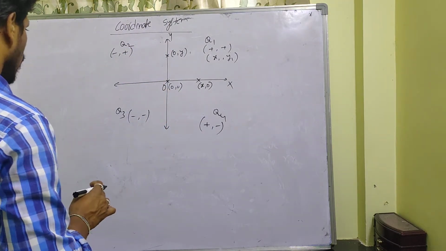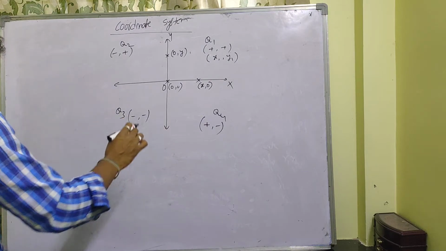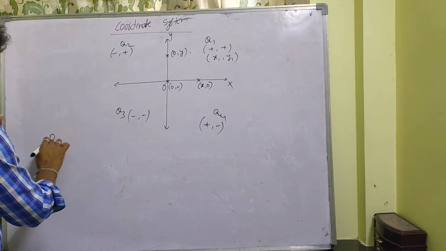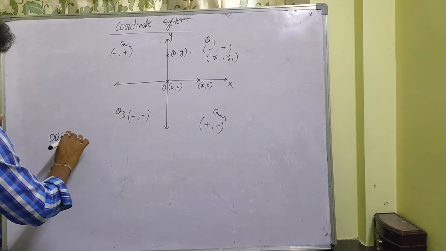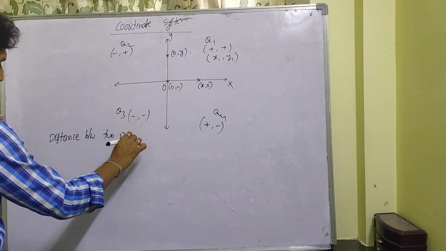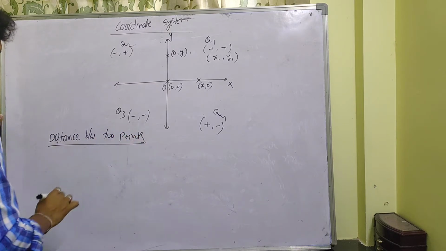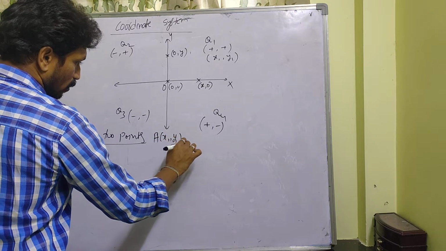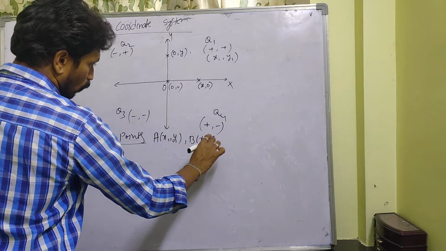Okay, see here, distance between 2 points. Just I am reminding you, 2 points A x1 comma y1, B x2 comma y2.